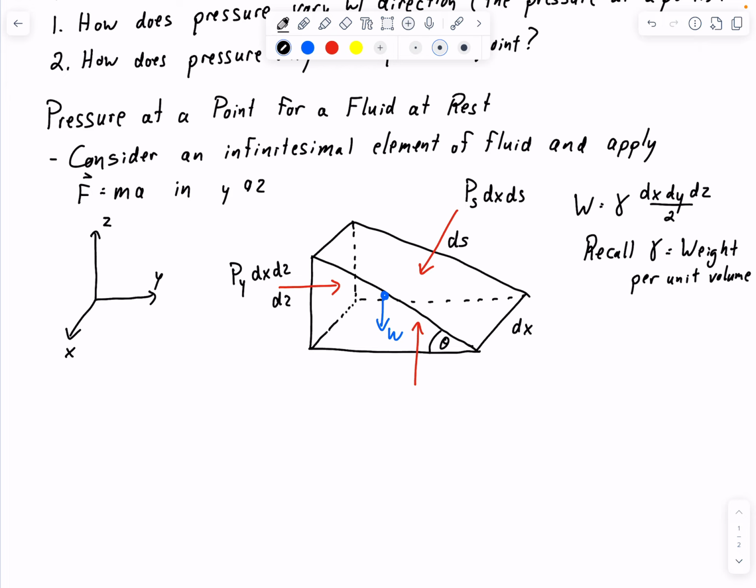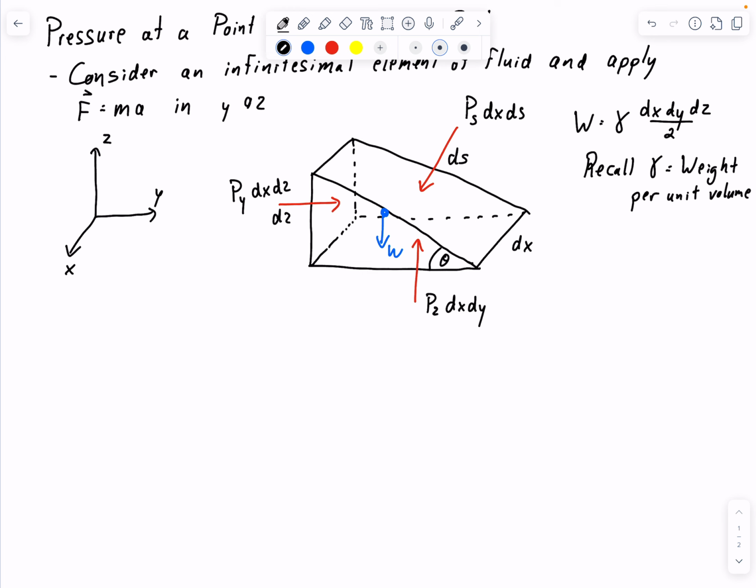On the bottom, we have a pressure Pz multiplied by the area of the bottom, dx dy. So we have these three forces due to pressure, and we have this weight, W.